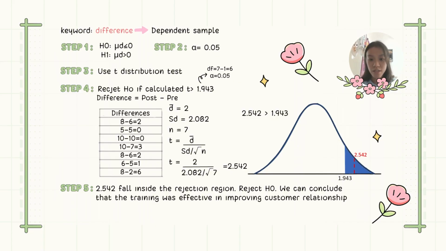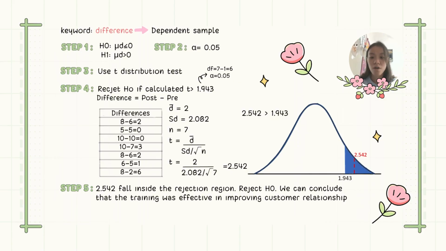For our calculated t, we put our data in the formula, which is the mean difference divided by the standard deviation of the difference divided by the square root of n. So 2 divided by 2.082 divided by the square root of 7 will be 2.542.